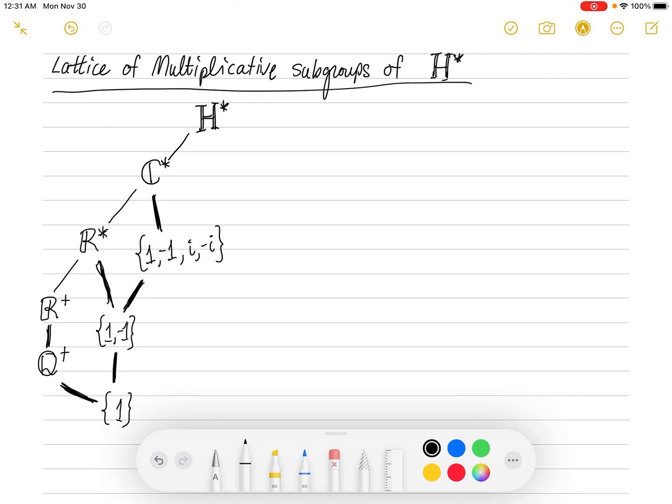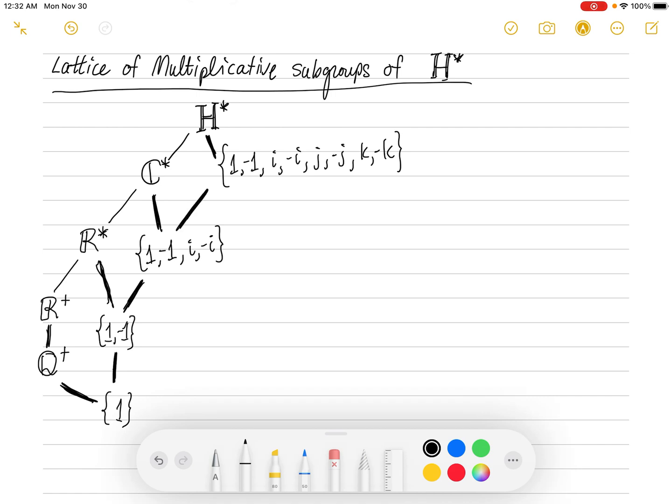And also the real quaternions, H star, getting rid of the 0 element, has a finite subgroup called the quaternion group. So you've got 1, negative 1, i, negative i, j, negative j, k, negative k.